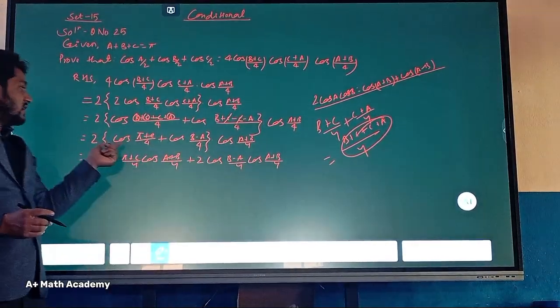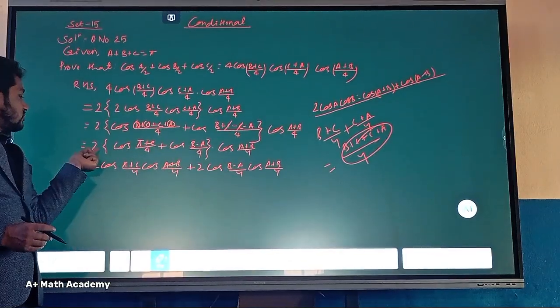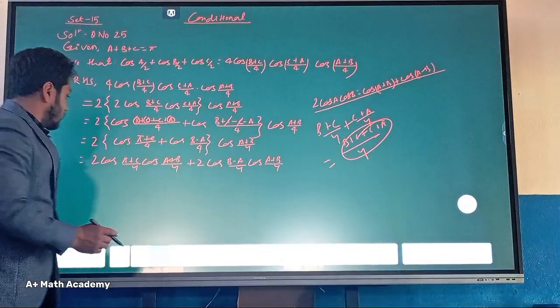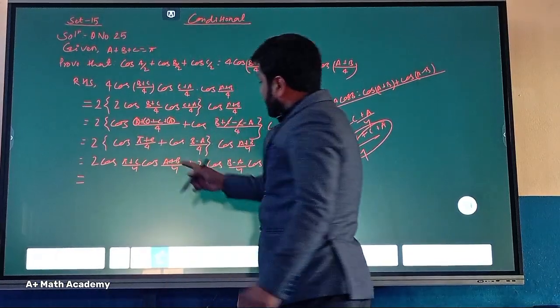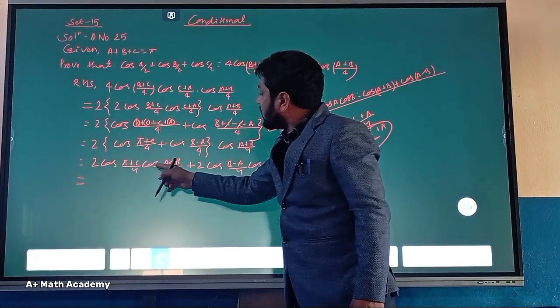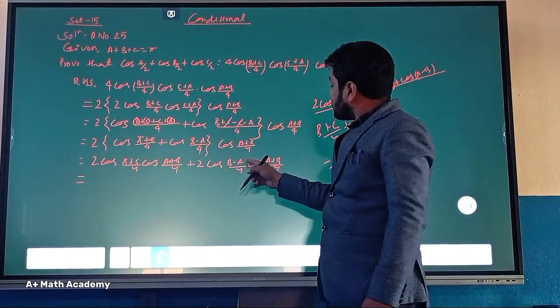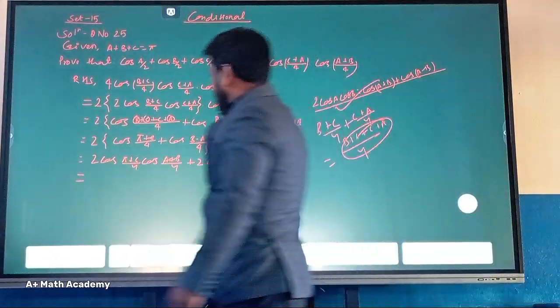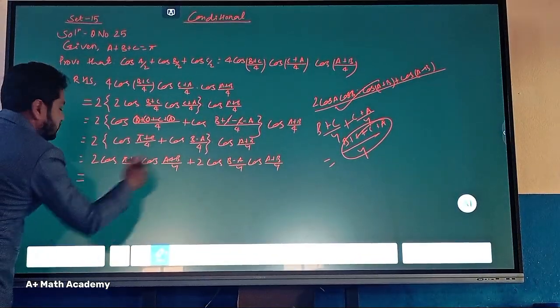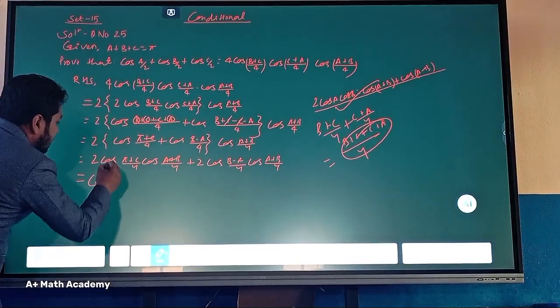Just I multiply these two terms with 2 and cos (A plus B) by 4. Now there is the 2 cos A cos B form plus 2 cos A cos B form. Again we use the same formula here.